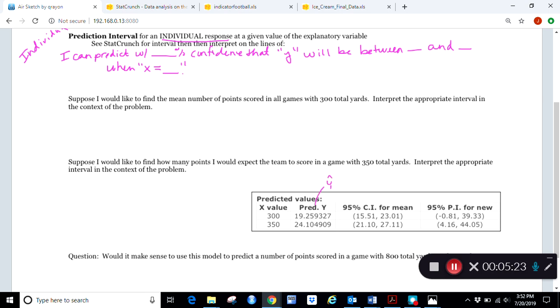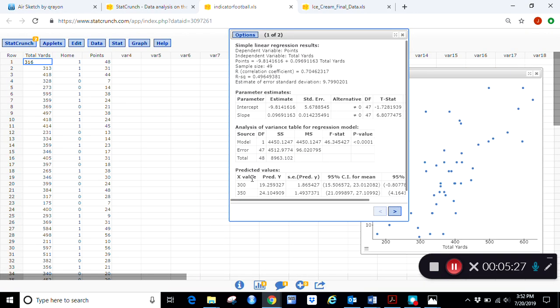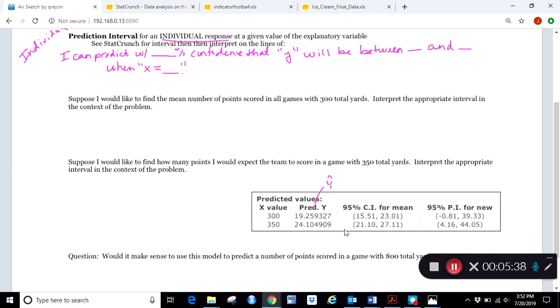So what would happen when we plug this value into our actual equation? So if we took the 300 times the 0.0969 minus that 9.81 number, just what actual value would we get? Then we'll have the confidence interval and the prediction interval. So it automatically will do both. So one of our goals, we figure out which one do we need.